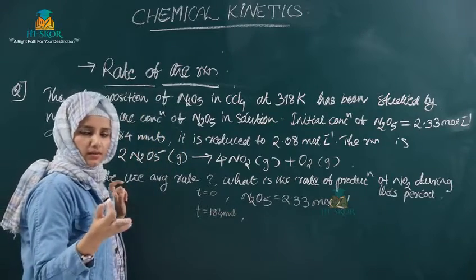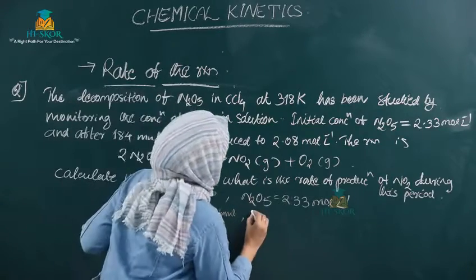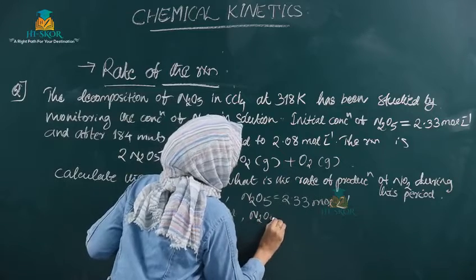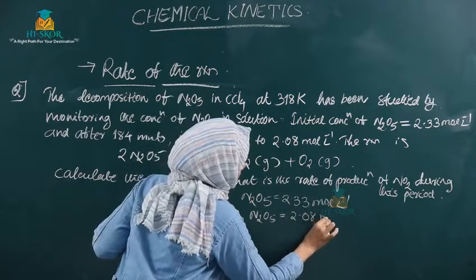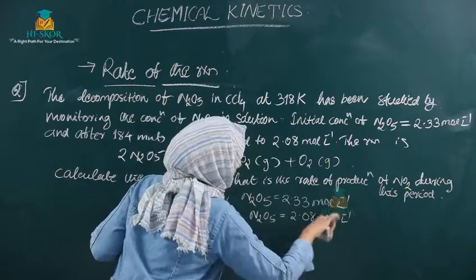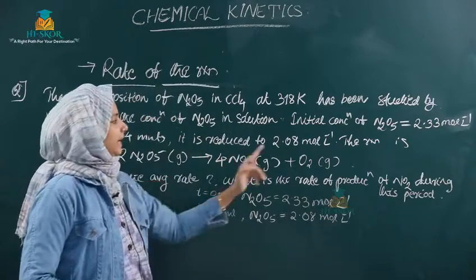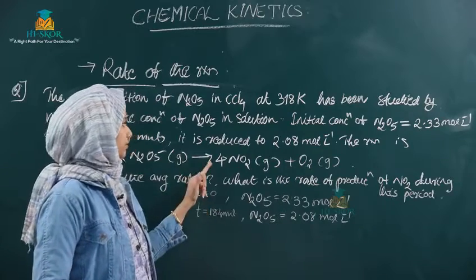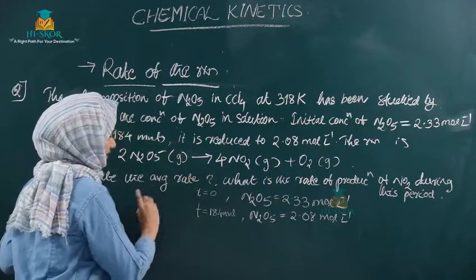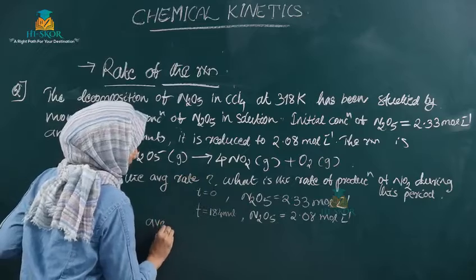That we can call the final concentration. So the concentration of N2O5 at that time is 2.08 moles per liter. Then calculate the rate. How will you find out the average rate?